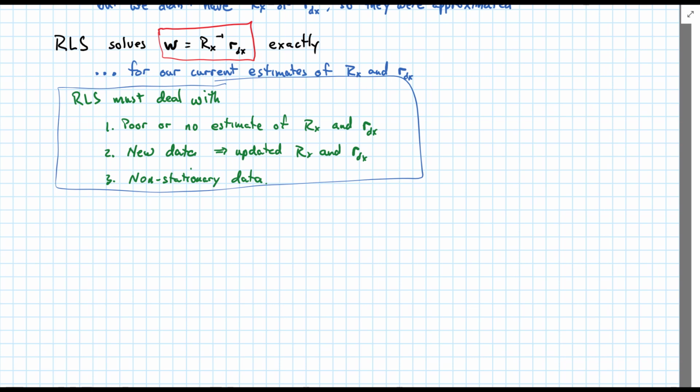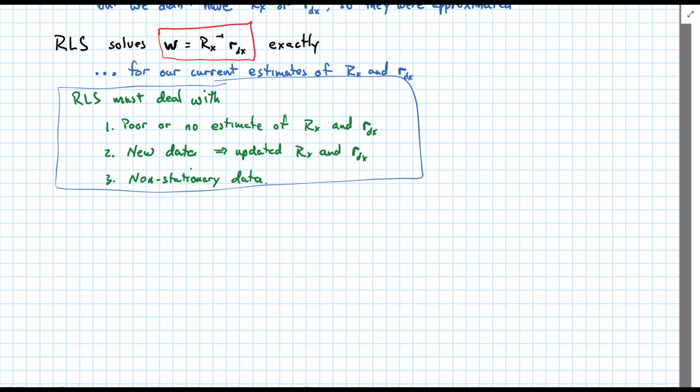If we're trying to account for non-stationary data, then we can't have too long of a memory. We have to be able to update Rx and Rdx in such a way that the contribution of the data from a long time ago does not meaningfully contribute to our current estimate.